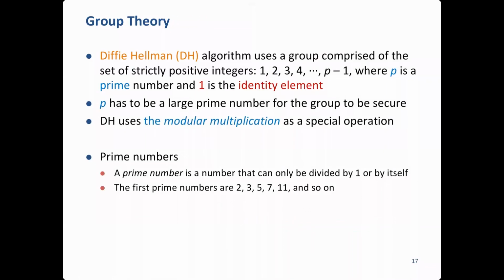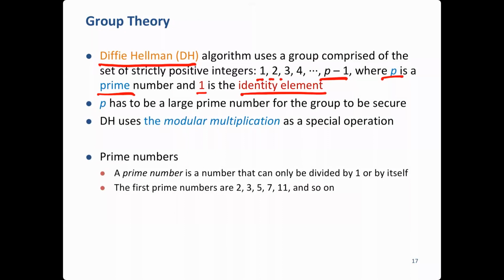Now this algorithm, the first one that we'll study, and the subsequent one also, is based on a group comprised of strictly positive integers like 1, 2, 3 up to p minus 1, where p is a prime number and 1 is the identity element.